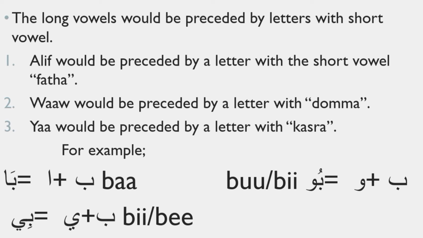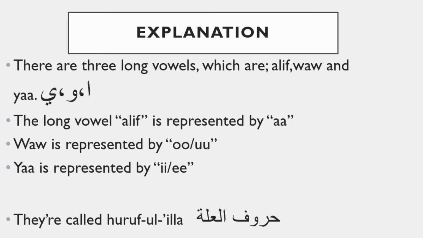So here we're saying alif would be preceded by a letter with a short vowel fatha. Now this is it. When a letter has fatha, you pronounce it, let's say we have ba fatha, we say it is ba, right? Ba kasra is bi, ba dhamma is bu. And recall here that I said that long vowel alif is pronounced as a.